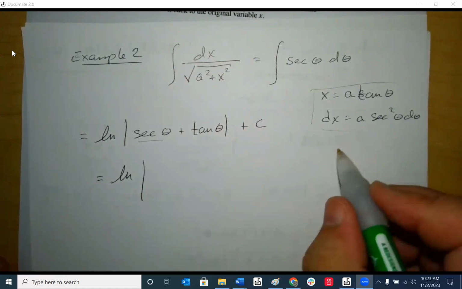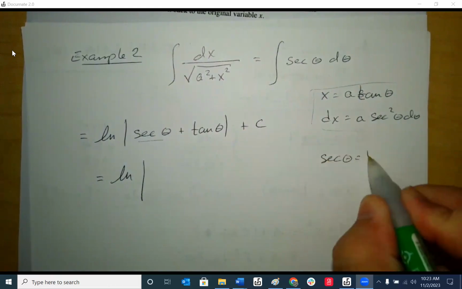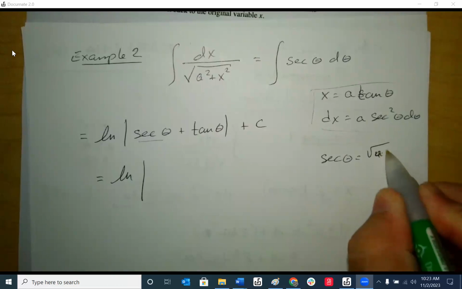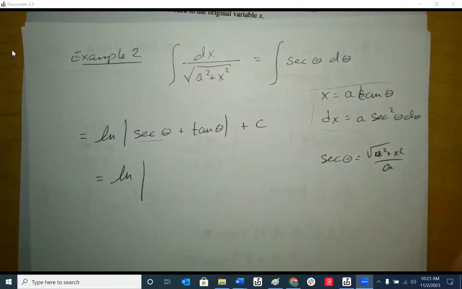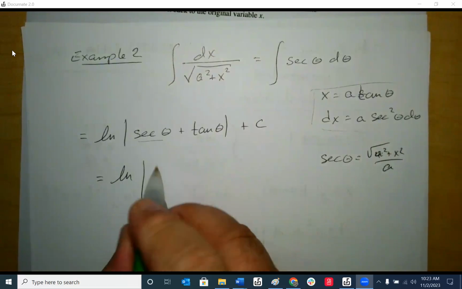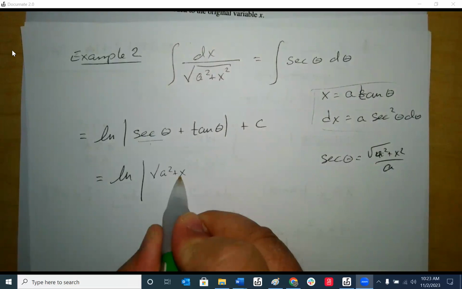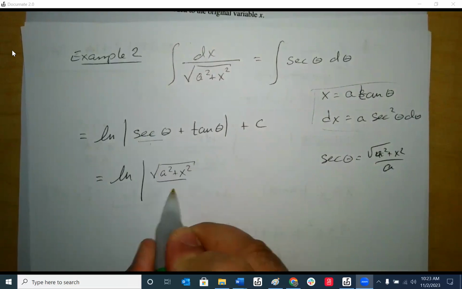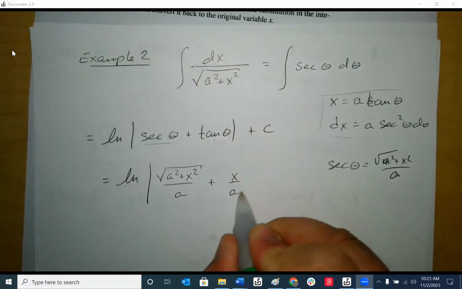And secant theta, which we calculated, was the square root of a squared plus x squared over a. So it is the square root of a squared plus x squared over a, plus x over a.